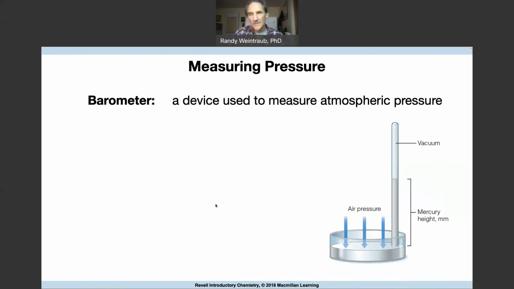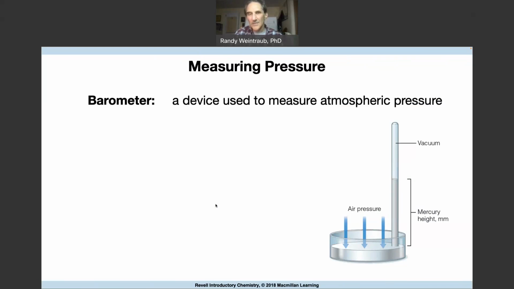A barometer is a device that's used to measure atmospheric pressure. A classical barometer is shown here. The device was a long tube inside a reservoir of a liquid, usually mercury. Gravity pulls the liquid down, creating a vacuum at the top of the tube. At the same time, the pressure of the outside air pushes down on the liquid. That pushes the mercury inside the tube up relative to the amount of pressure being exerted.